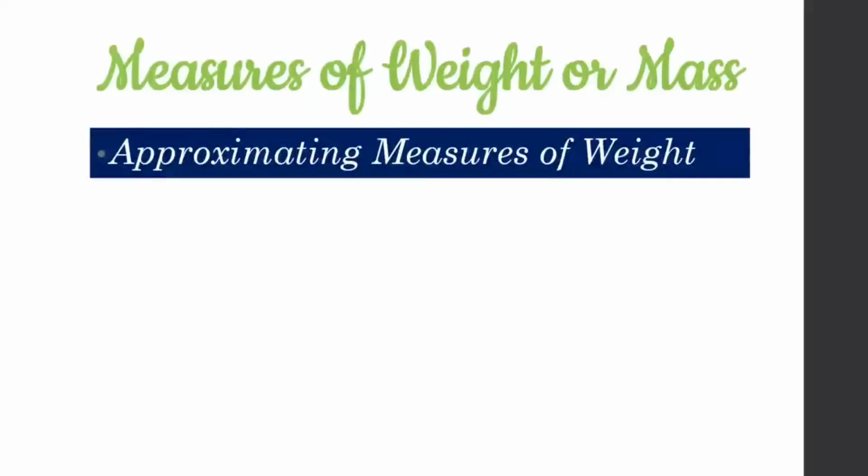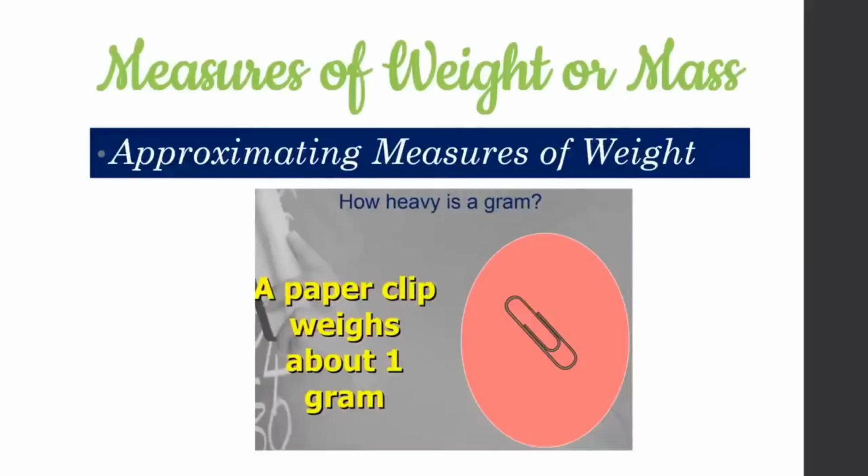For us to visualize the measures of those units, let us look at some of these approximations. For the weight of a gram, imagine that you have with you a paper clip. That paper clip weighs approximately 1 gram. Okay, again, 1 gram.